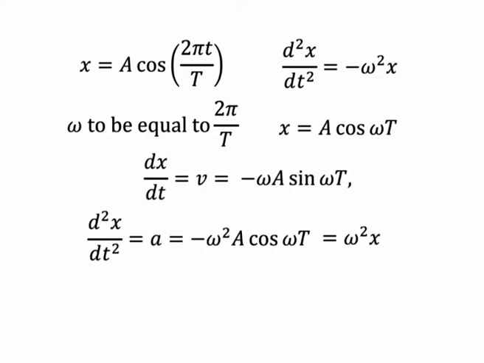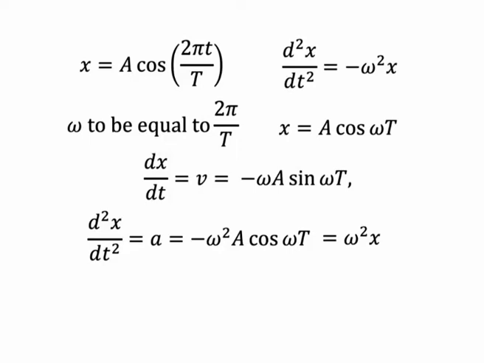Then dx upon dt is equal to v, which is equal to minus omega a sine of omega t, and d square x upon dt square is equal to a, which is equal to minus omega square a cos of omega t, which is equal to minus omega square x.